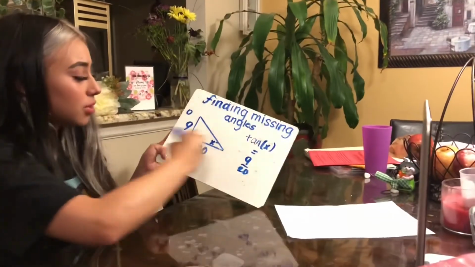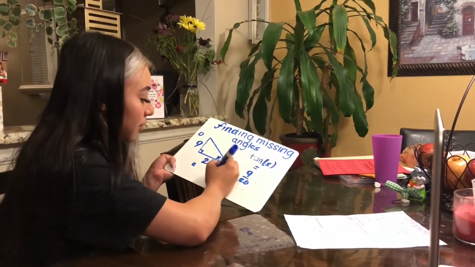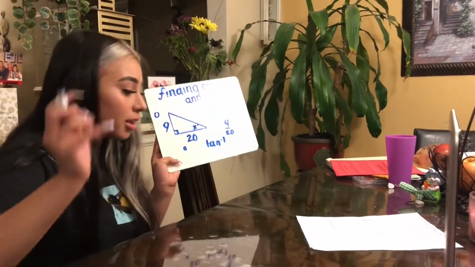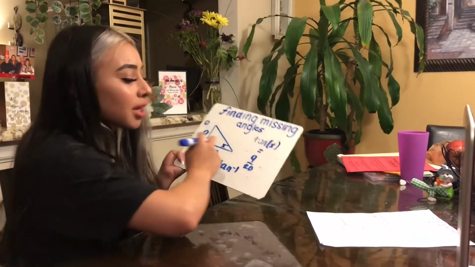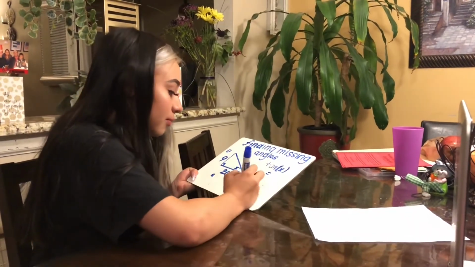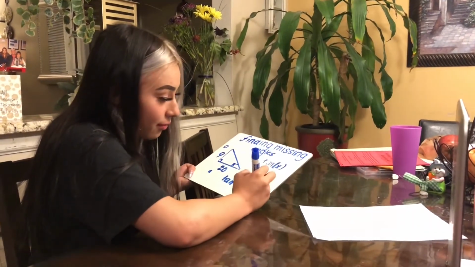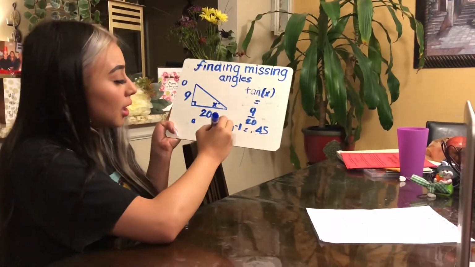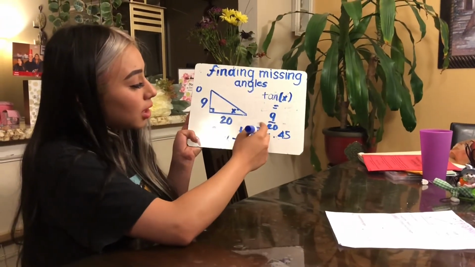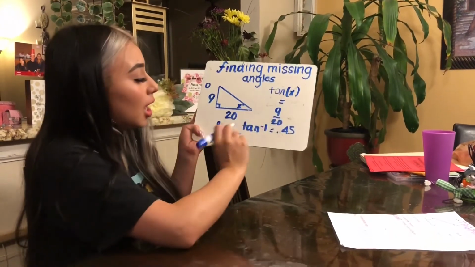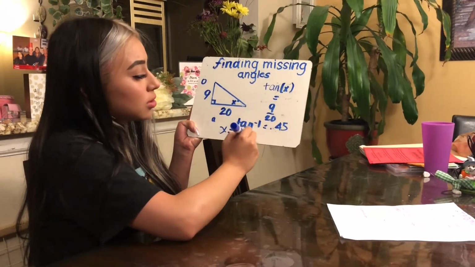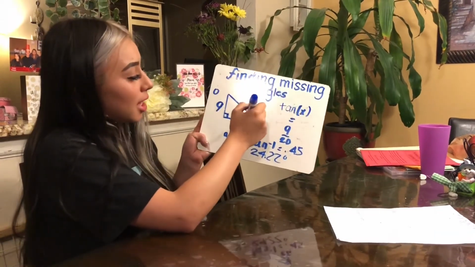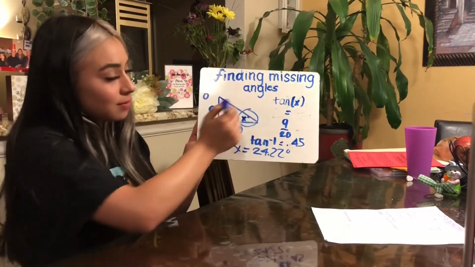And now you're going to want to use your second trig function, which is tan -1, and you'll find that in the second section of your calculator, and that should equal 0.45. When you put tan -1 of 0.45 into your calculator, you'll get x equals 24.22 degrees, and that's how we found what x is.